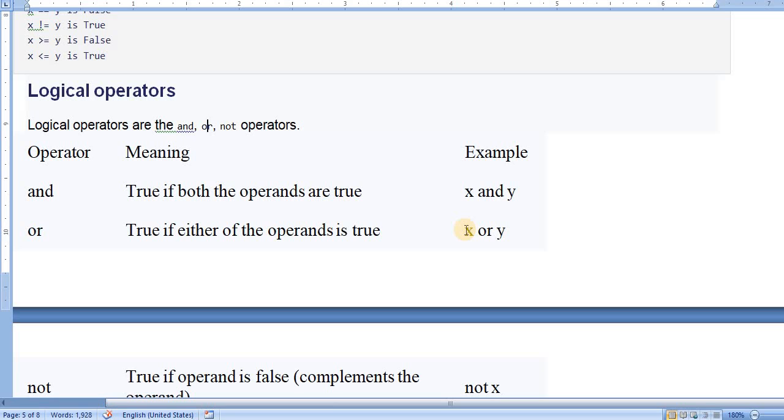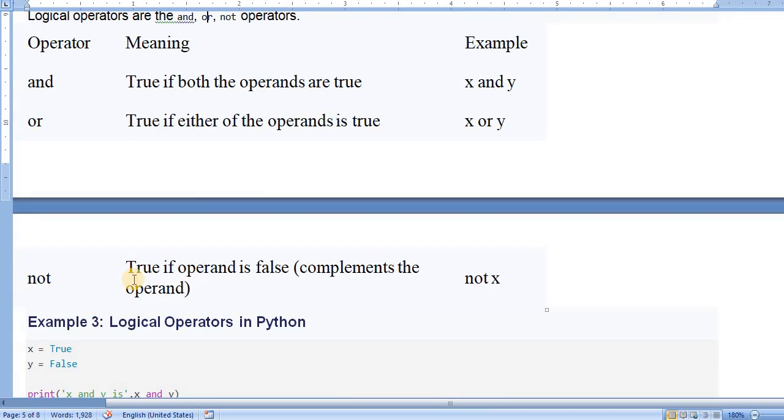It will return x. Okay, and in our case, or: if either of the operands is true, it returns true. Okay, not: if the operand is false, it complements the operand. So not x: suppose the value of x is true, so it returns false.